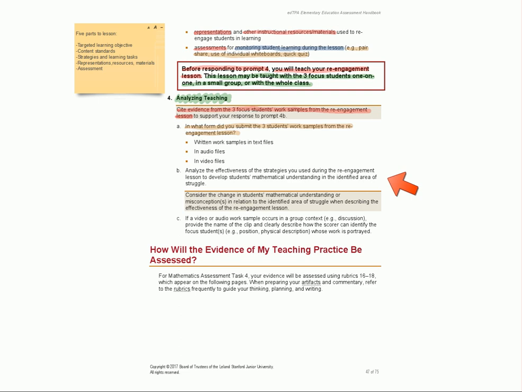B, you want to analyze the effectiveness of the strategies you used during the re-engagement lesson to develop mathematical understanding in the identified area of struggle. Okay, so based on what you see in the video or in students' work, what's changed for your students? And it's best described here.